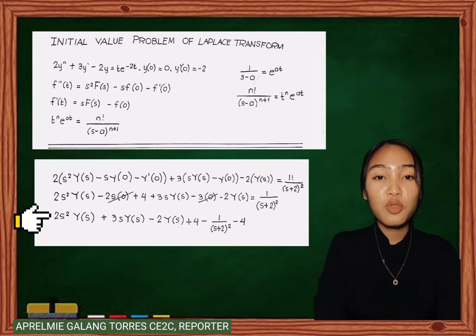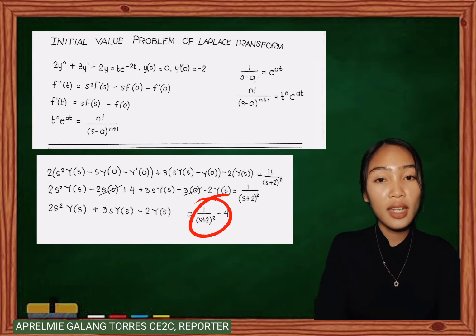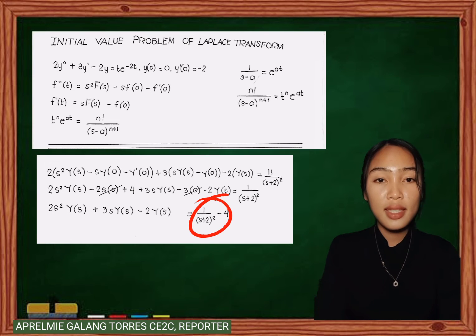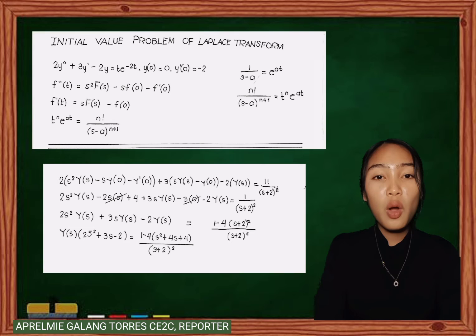Let's first move this 4 from the left hand side. We'll subtract 4 from both sides, so we'll get a negative over there. Now we go ahead and factor out a capital Y of s because we have it in each term, so we can easily do that. And now we're multiplying by 2s squared plus 3s minus 2.